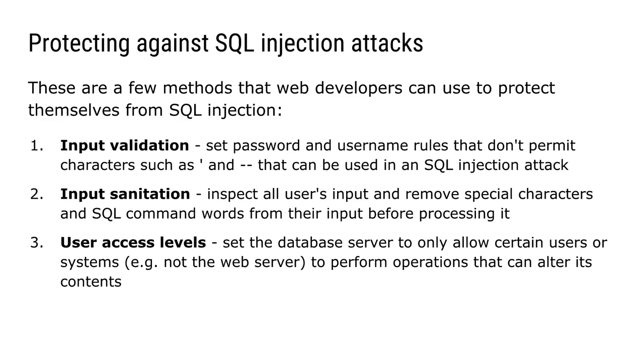The other thing that developers could do is, when the database server is running on a system, you can set user access levels for the database so that different services, such as a web server, cannot perform certain operations on the database that could alter its contents in a dramatic way.